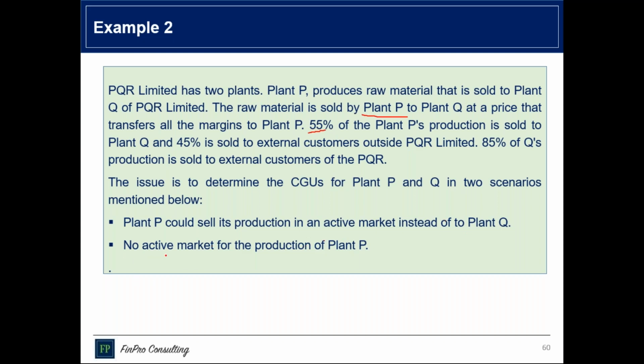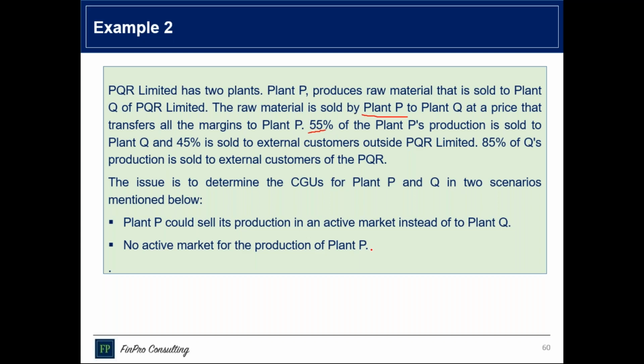But in case 2, there is no active market for production of plant P. So if plant P does not have any active market, but it has to compulsorily sell to Q, then its cash flows are dependent on plant Q. So the company would overall consider plant P and plant Q as a single operating unit because plant P cannot function on its own or generate cash flow on its own.